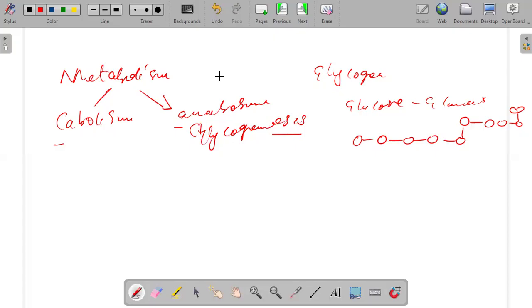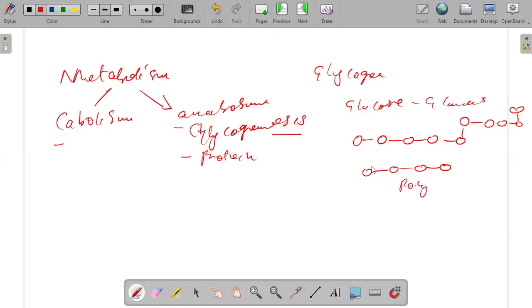There are a lot of them, okay? Even if you look at amino acids, we are able to link them together. We get one amino acid, we link it together, we form a complex molecule, which we call a polypeptide, also known as a protein, isn't it? So that is also anabolism.